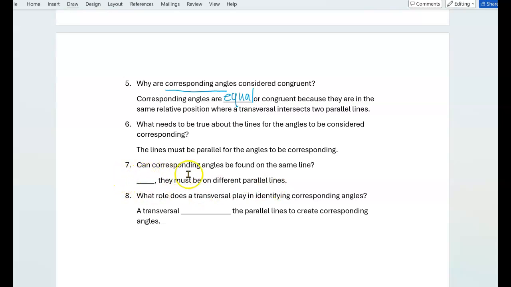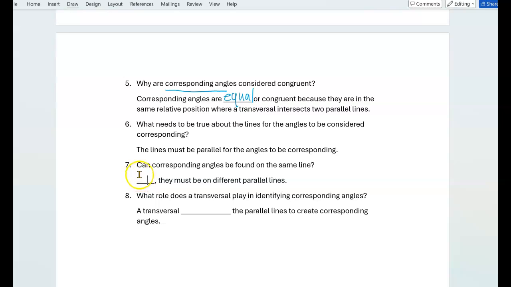Number 7, can corresponding angles be found on the same line? This needs to be yes or no. Yes, they must be on different parallel lines, or no, they must be on different parallel lines.